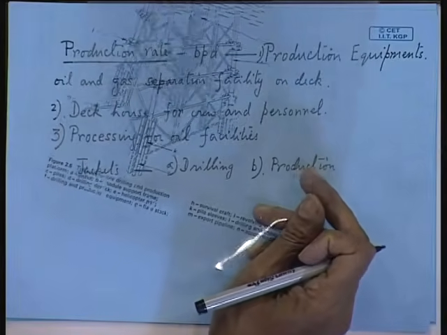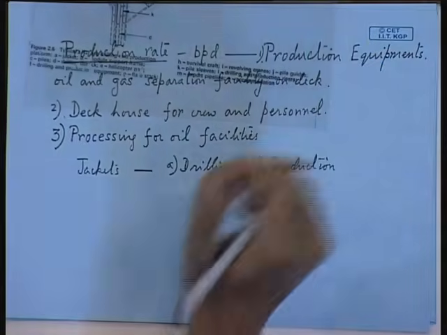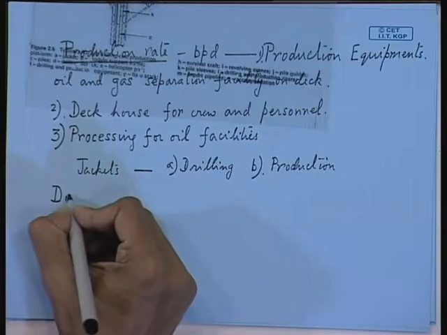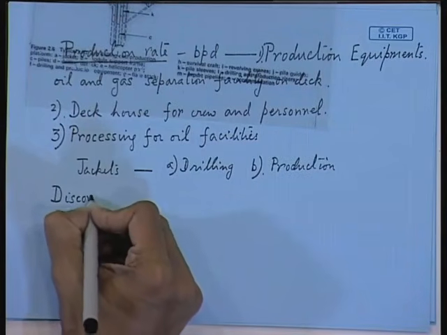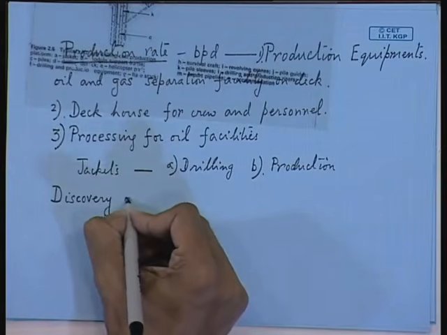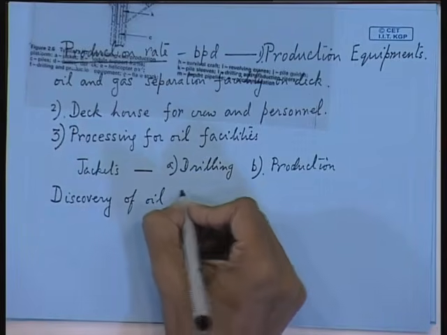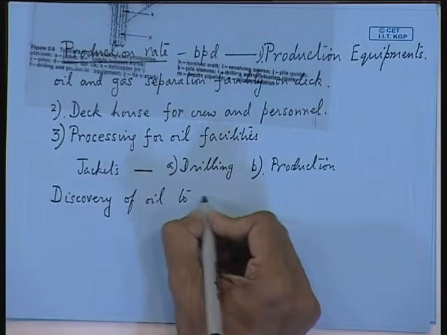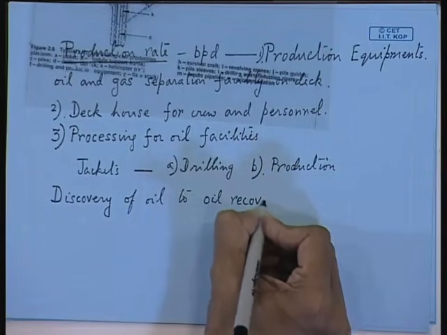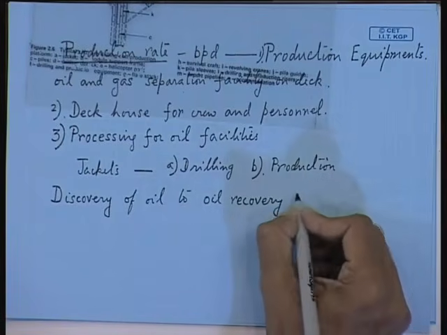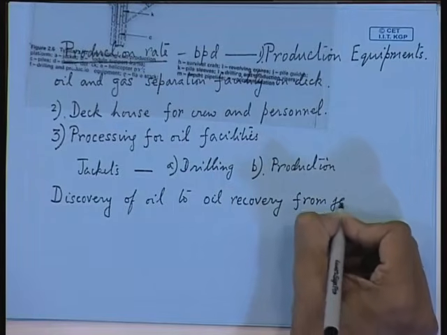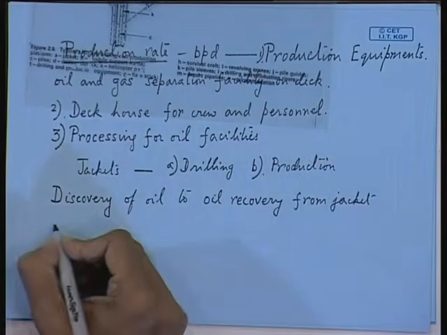Now, what has happened over the years is that from the discovery of oil in a particular reservoir to the commissioning of the jacket and oil recovery is a long gestation period.